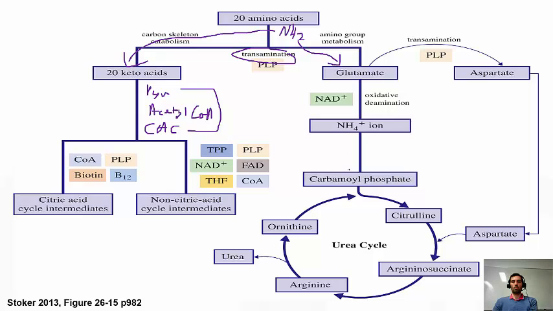So the ammonium ion is used to make carbamoyl phosphate, and the aspartate feeds in a bit later. But ultimately in the urea cycle, we're able to generate the urea, which is our nitrogen-rich compound that can actually be removed from the body in the urine. So after producing the urea in the liver through the urea cycle, we take it to the kidney for removal.